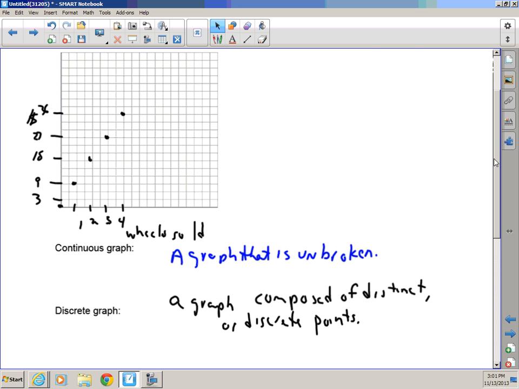Now, to tie this into what we did yesterday with functions, my domain or my x values. Will any value of x be able to be used? And remember, the x values in this scenario are the number of wheels sold. So can I sell any number of wheels of cheese?